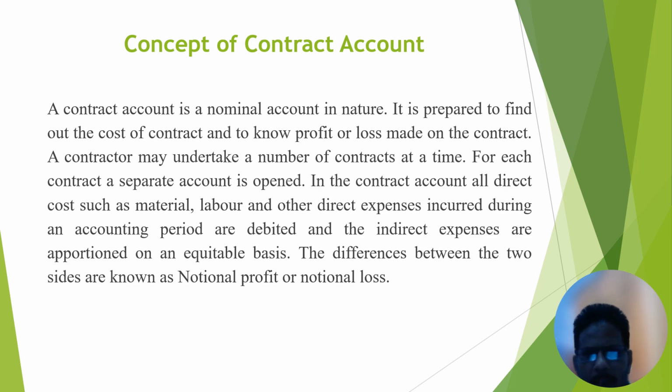In the contract account, we mention all direct costs such as material cost, labor cost, and other direct expenses. Manufacturing costs incurred during an accounting period are debited, and indirect expenses are apportioned on an equal basis. The difference between the two sides is known as notional profit, which is the estimated profit.